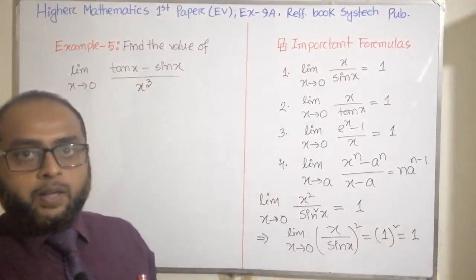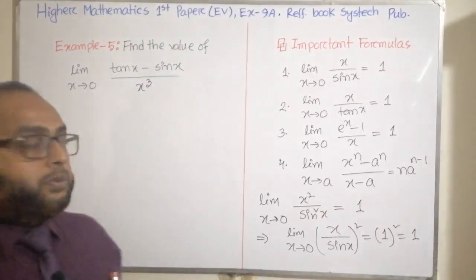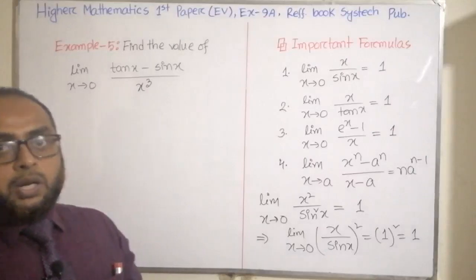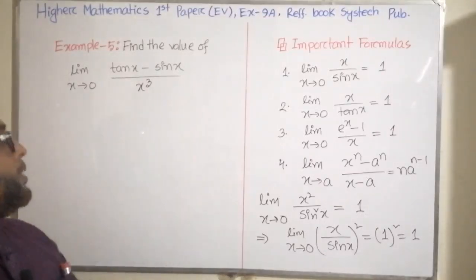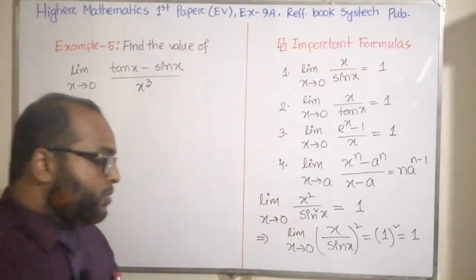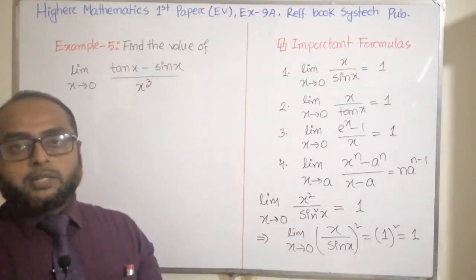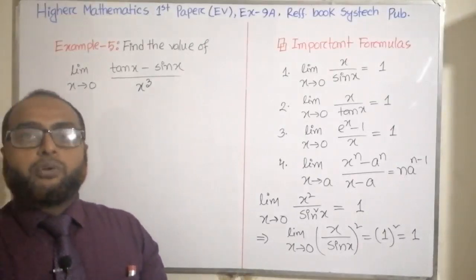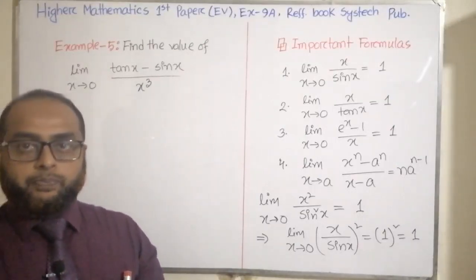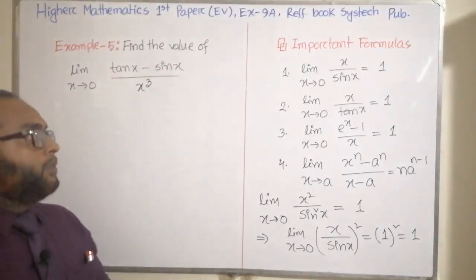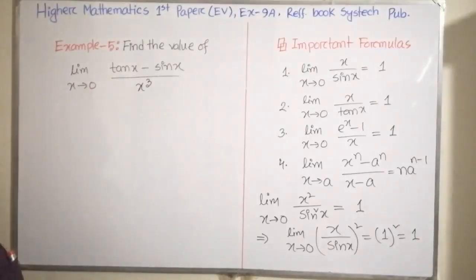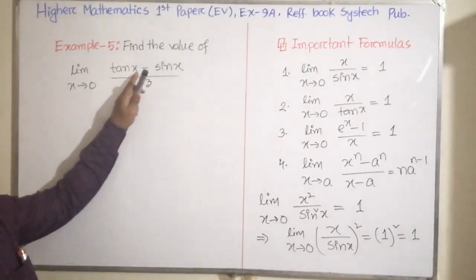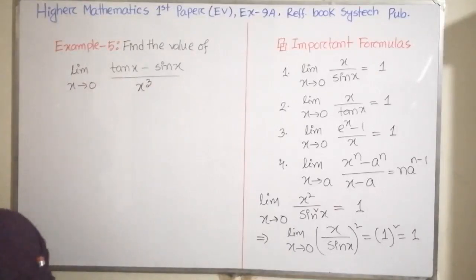Okay students, now using these formulas we have to solve some maths from your book. Let us start with example number 5. To do maths of calculus, at first you have to know all important formulas of trigonometry. Okay. Now let us start example number 5. Find the value of limit x tends to 0, tan x minus sin x divided by x cube.